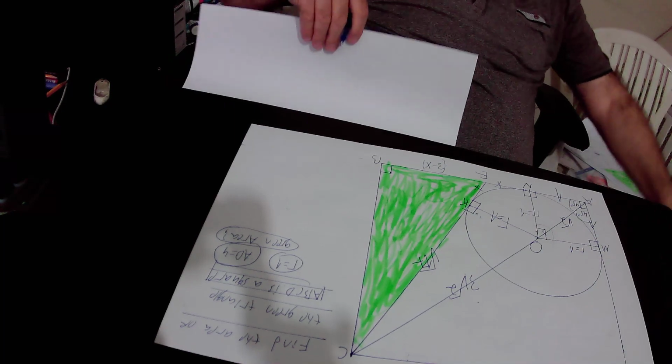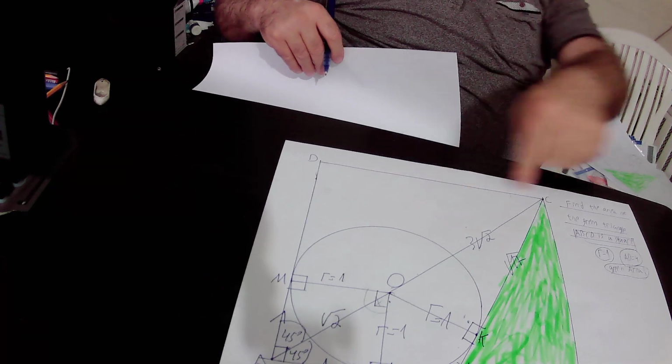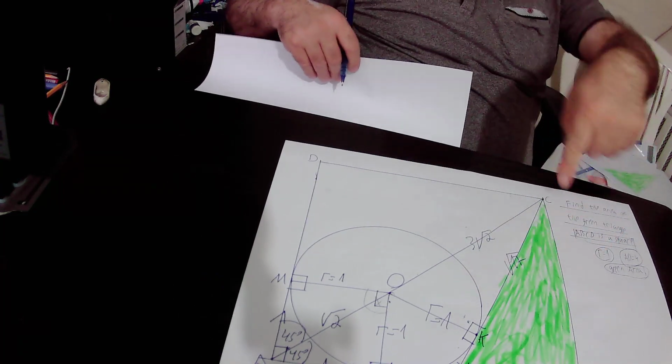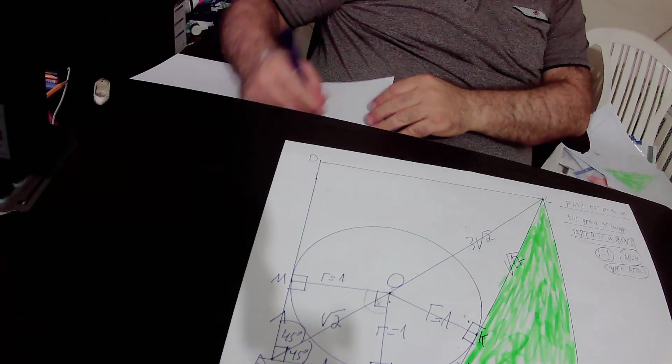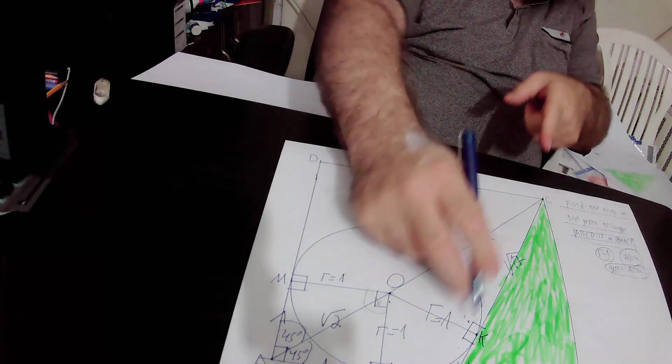The hypotenuse in the green triangle is CE. Therefore, the square of the hypotenuse is CE squared.